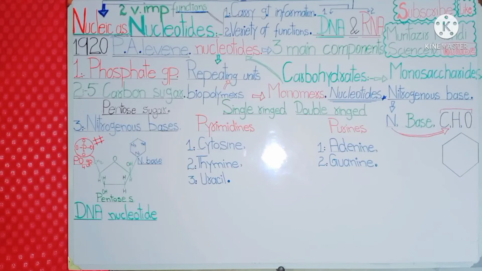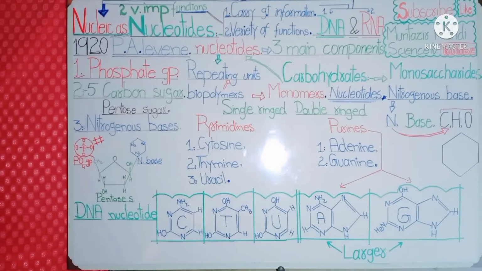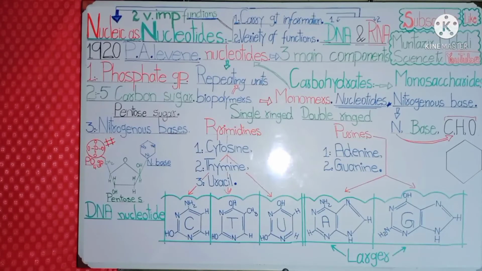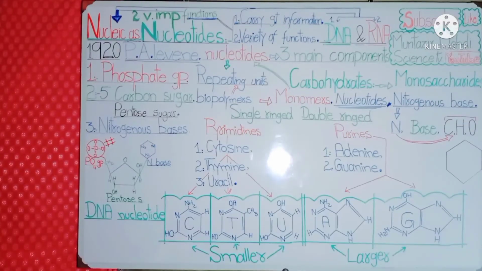Now you can see the chemical structure of nitrogenous bases. As you can see, the purines, adenine and guanine, are double ring bases. Due to the presence of the double ring, the purine bases are larger as compared to the pyrimidines: cytosine, thymine and uracil. All these pyrimidines are single ring structures and they are smaller as compared to purines.